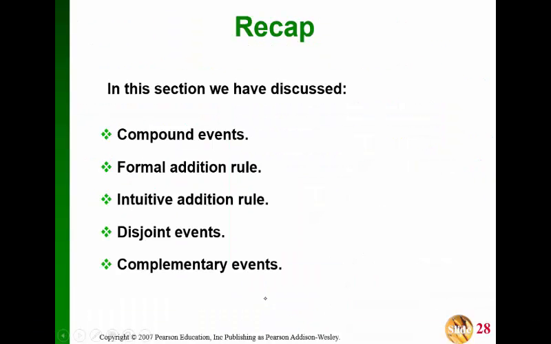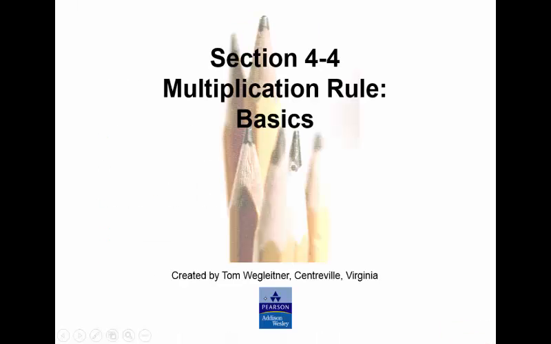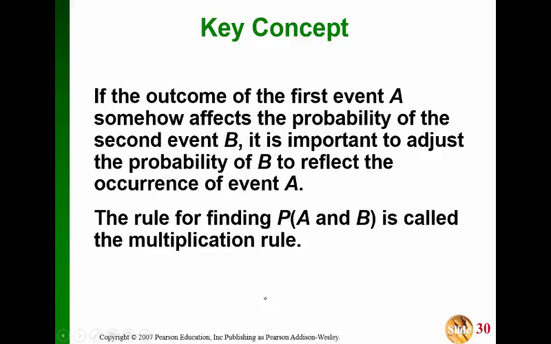So that's the addition rule. The next is the multiplication rule. The multiplication rule is a little bit different in the sense that we're looking for a probability that an event A has happened, and then after that's already happened, we're looking for the probability that another event will happen, or is about to happen.